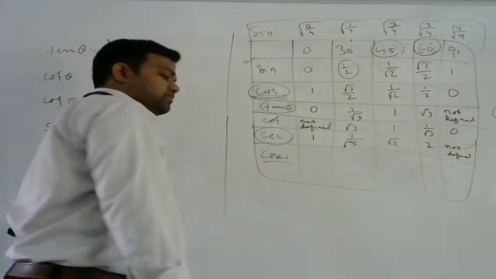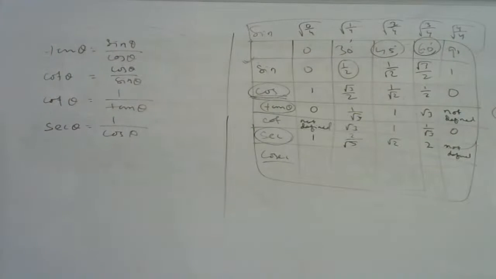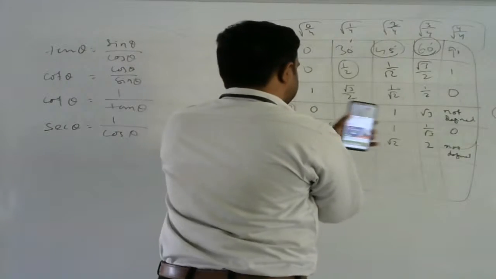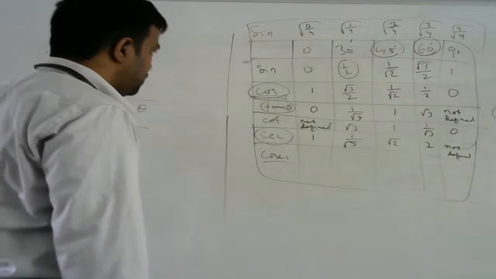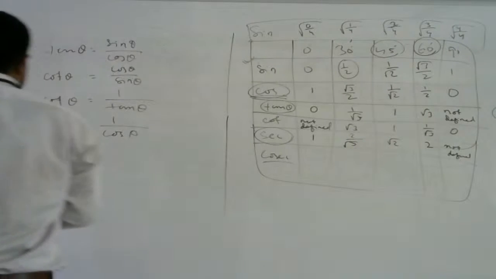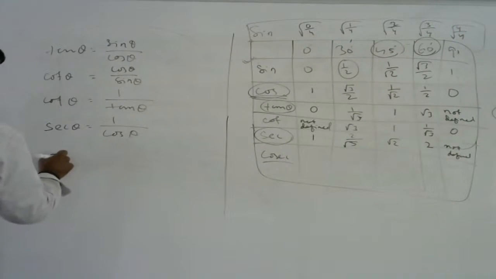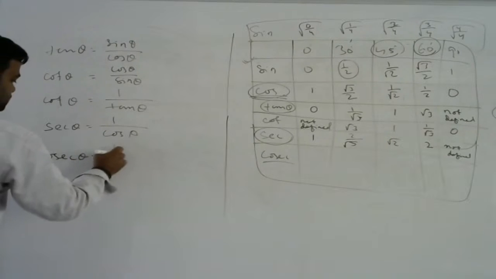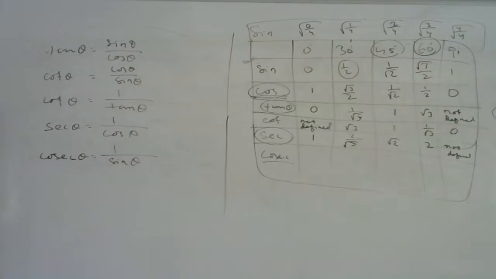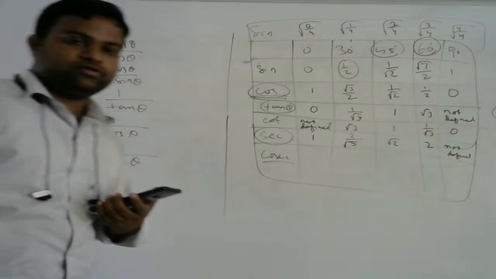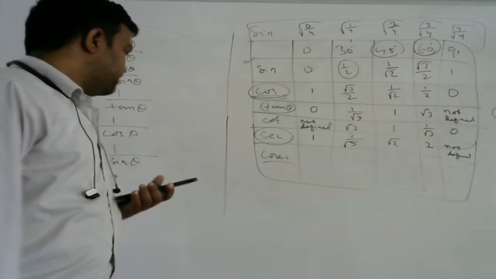Similarly, you can write for cosec also. If you just reverse the sec, you will get cosec, or you can write that 1 upon sin theta is also cosec theta. Cosec theta is 1 upon sin theta.